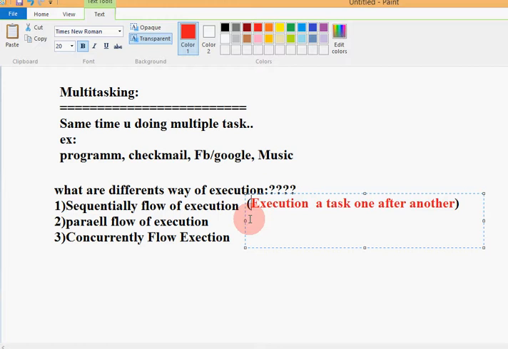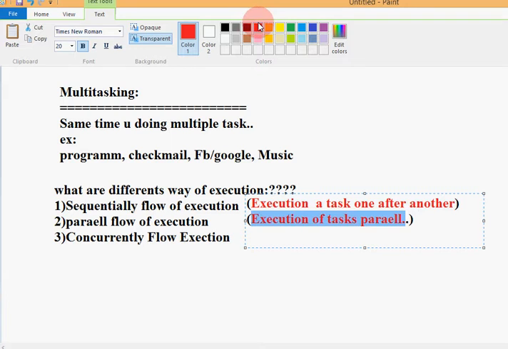But in parallel flow, execution happens parallelly and there is no dependency. They are not depending upon each other; the tasks don't depend upon each other.